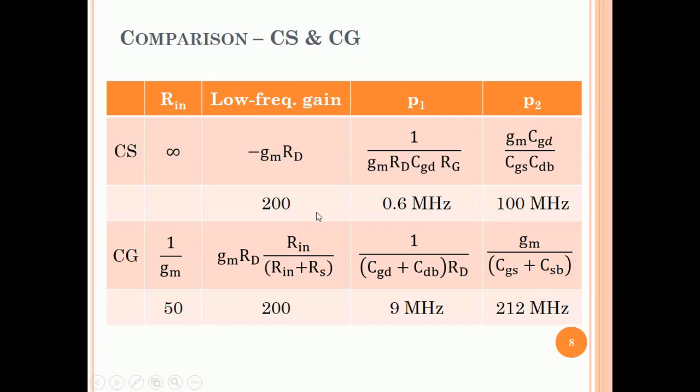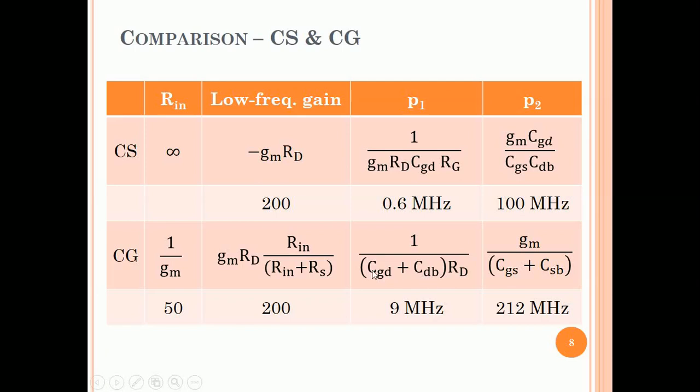So let's do a quick comparison between common source and common gate. The gains are the same if RS is 0, which is the case I have considered for the numerical example. The dominant pole for a common gate is much higher than for the common source. The GMRD CGD term is the Miller capacitance in a common source, while there is no Miller capacitance here.